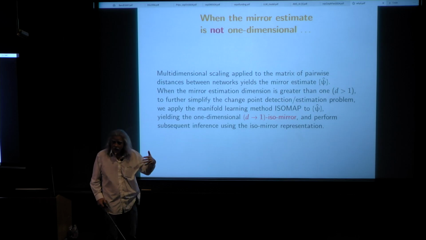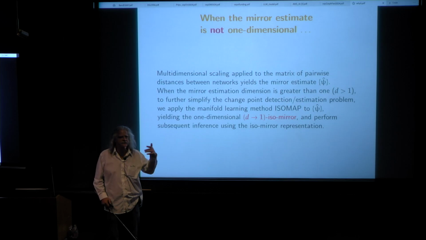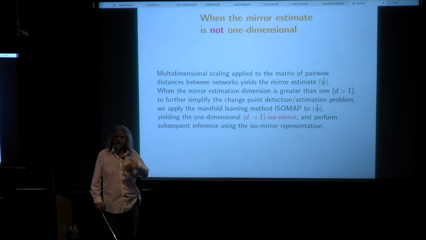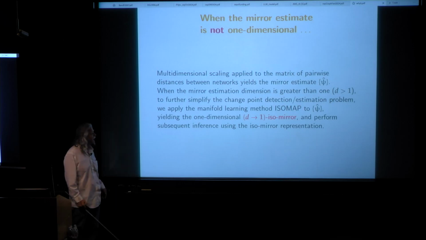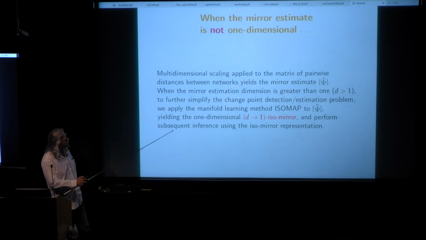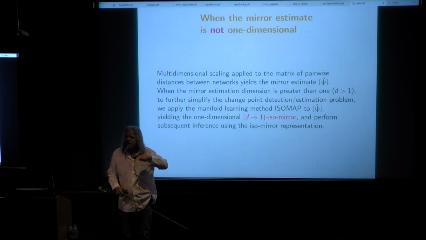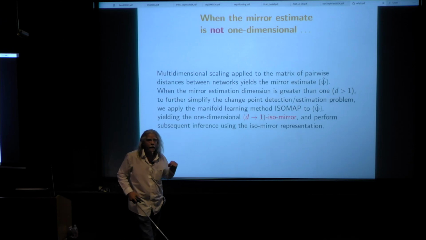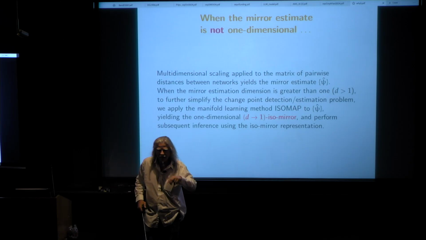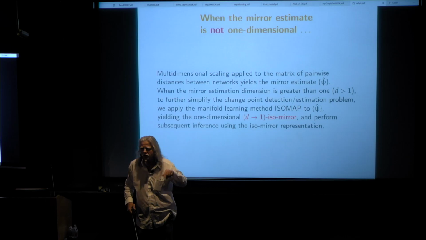The theorems were for when the mirror was, say, one-dimensional, and there was no need then for that last eigendecomposition, which is, say, manifold learning, finding the isomap or something like that. But if the mirror is d-dimensional, and I have a bunch of time series of networks, then I have a whole bunch of one-dimensional curves winding through d-dimensional space.